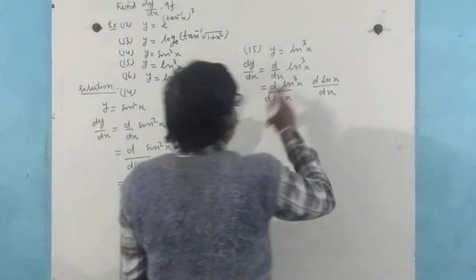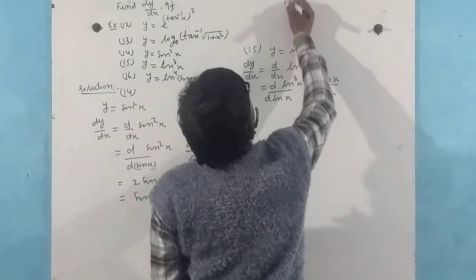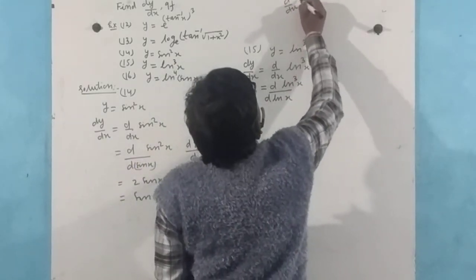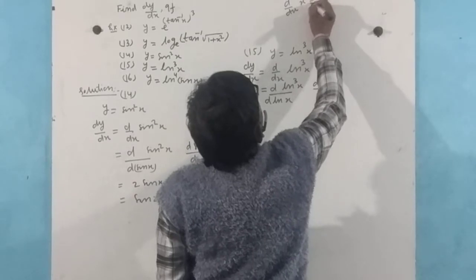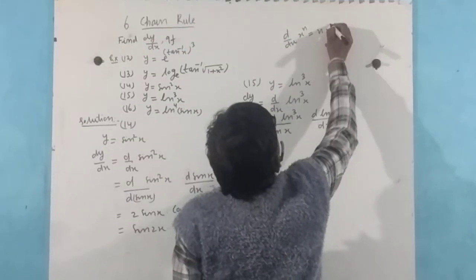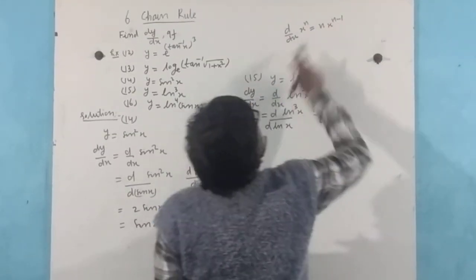Now in the similar way, d by dx x to the power n is equal to n x to the power n minus 1.